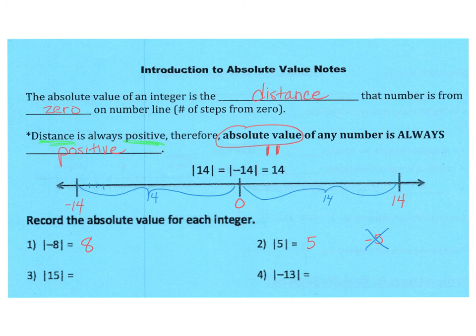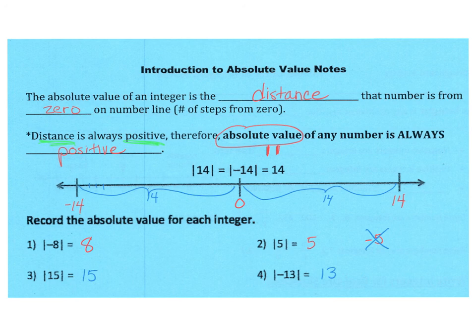Absolute value answers will always be positive. Number 3, the absolute value of 15 is 15. It's 15 steps away from 0. And number 4, the absolute value of negative 13 is 13, because negative 13 is 13 steps away from 0.